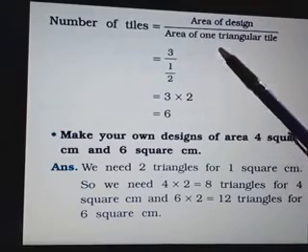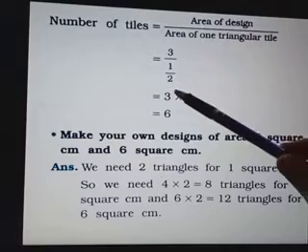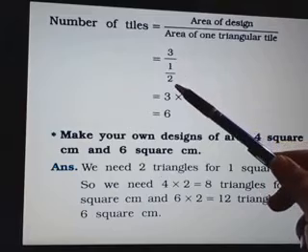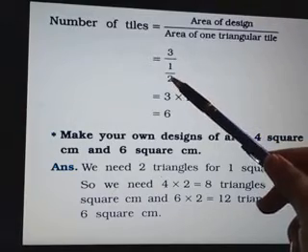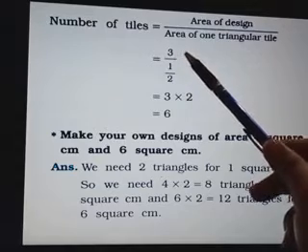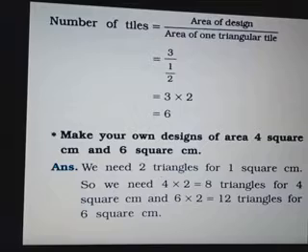As I have told you in an earlier chapter, the denominator will become our numerator. So the denominator is 2, so this 2 goes up next to the 3. 3 2s are 6. So we can say number of tiles needed will be 6.